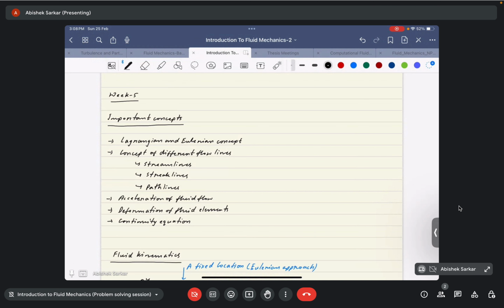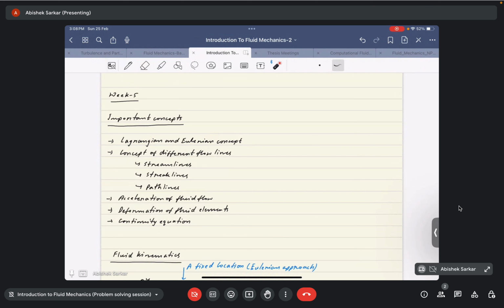Then we will look into the two approaches of fluid flow analysis, that is the Lagrangian and the Eulerian approach. We have discussed both of them in the introductory session, but we will try to revisit and have at least a brief overview of what these two approaches are and how they are different.